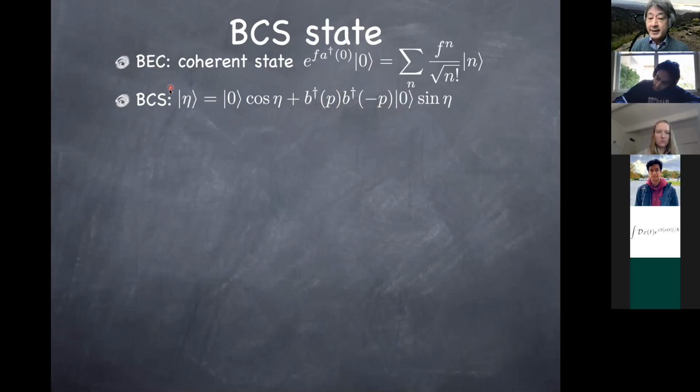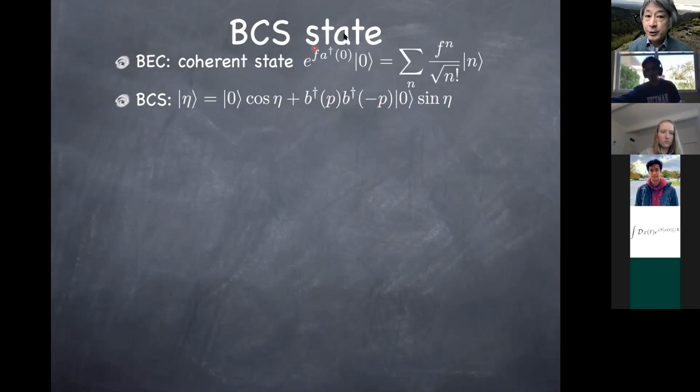So the BCS state is a complicated state as a whole, because you create this pair and take a linear superposition of unoccupied and occupied states. And once again, this is something you can do in QFT, because a single Hilbert space has states with different numbers of particles in it, which is not possible in quantum mechanics, because the wave function has a fixed number of arguments in it.